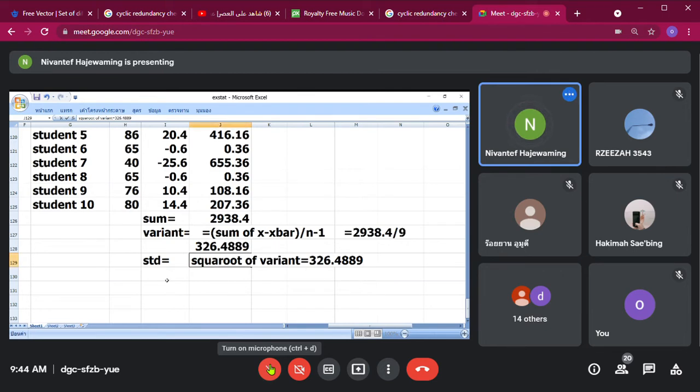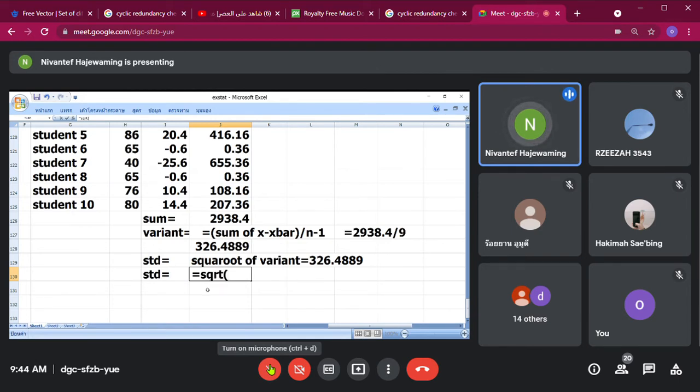Okay, you can find STD is equal to the square root of this one. In computer, you can use this one, SQRT, right?